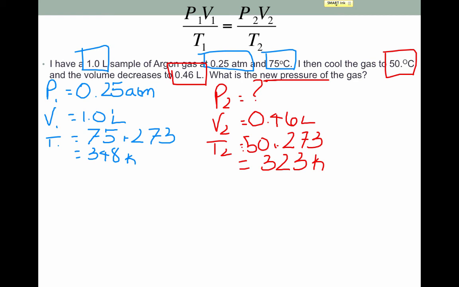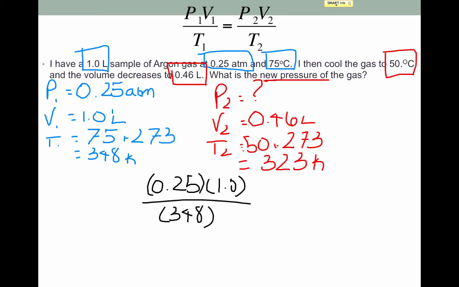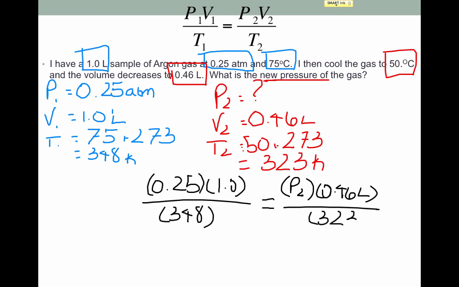Now, let's plug these variables into the equation. We have 0.25 times 1.0 over 348 equals P2, which is our X, times 0.46 liters over 323.